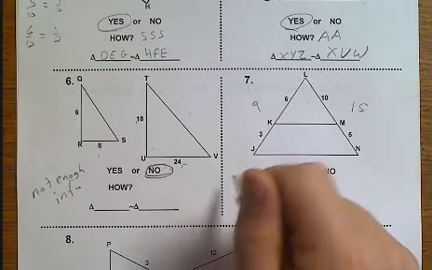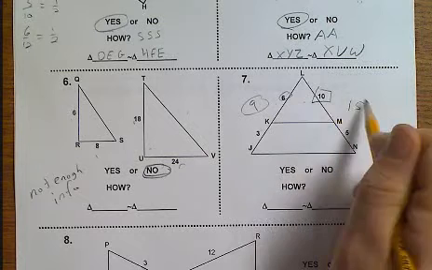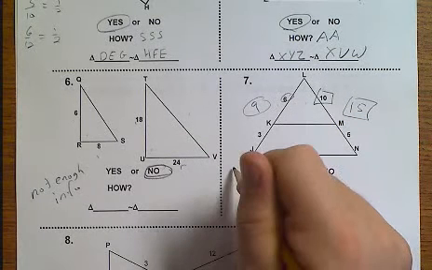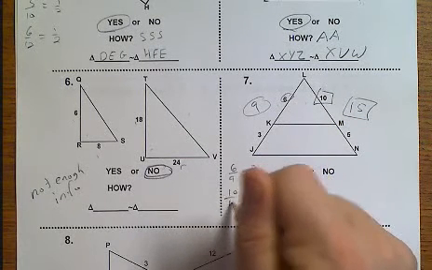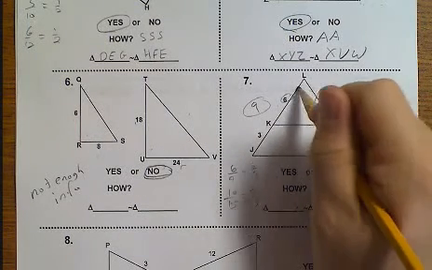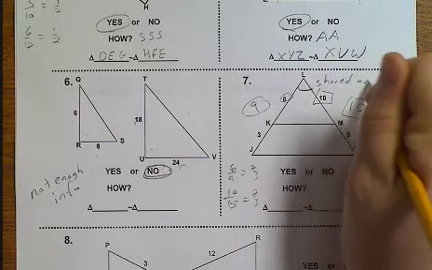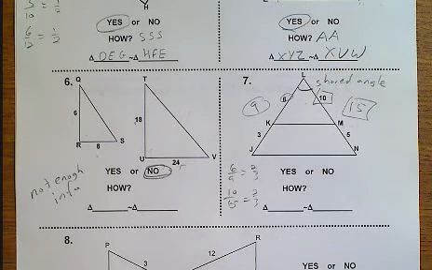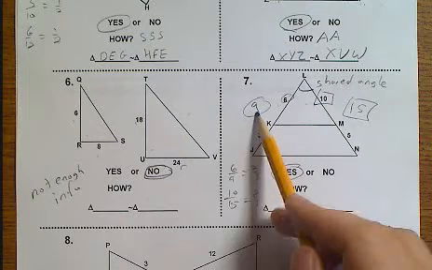So I have 6 over 9, 10 over 15, which is 2/3, also 2/3. And then I have a shared angle. So yes, how do I know this? Because of side, angle, side.